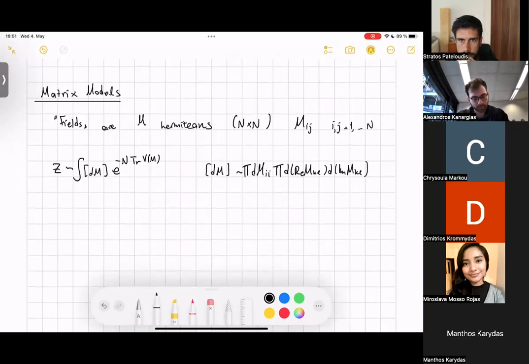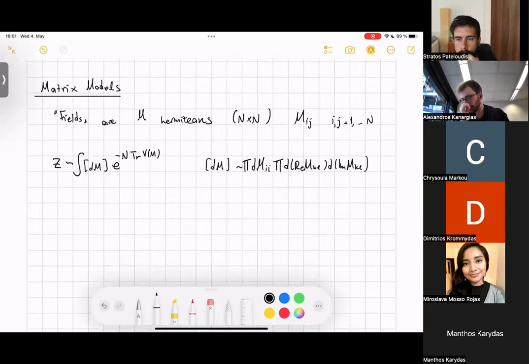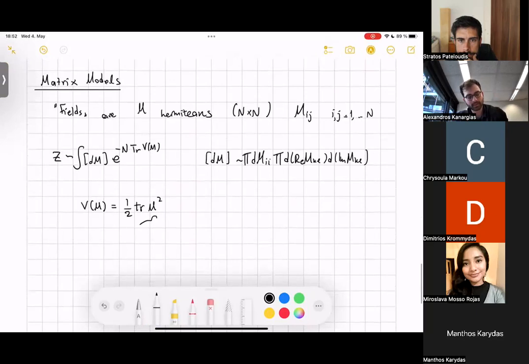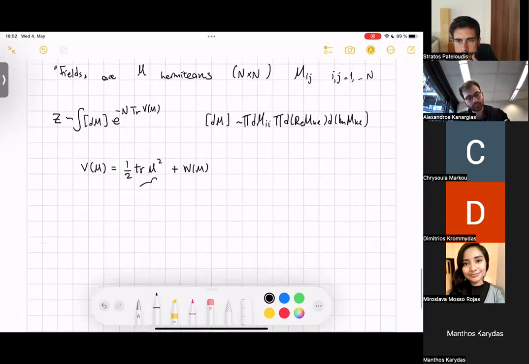So it looks very simple, but it can get complicated. An example would be that, for example, V of M is the trace of M squared. So this would be like the analogous term of a kinetic term, but there's no time or space here. So it's a quadratic term plus some potential. So for example, is this a finite integral?